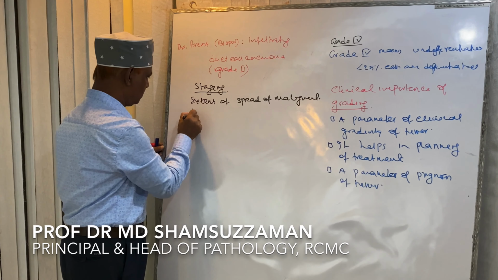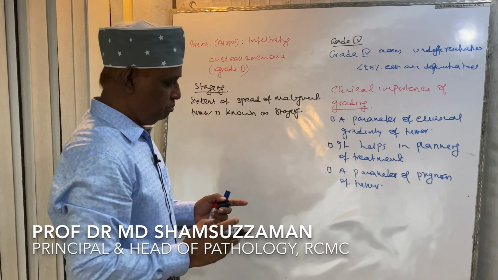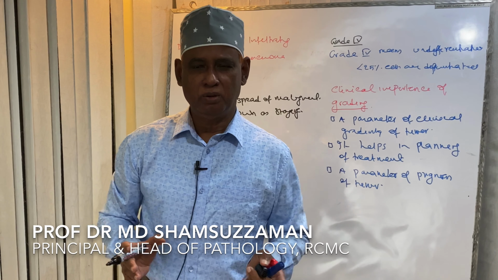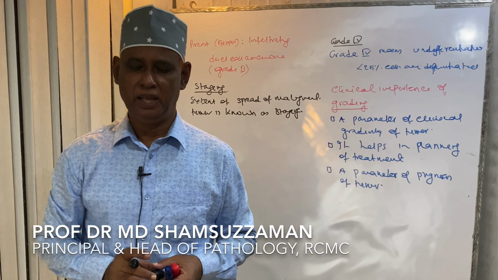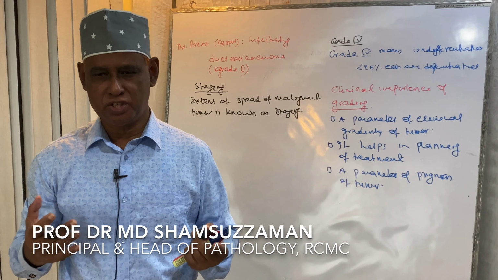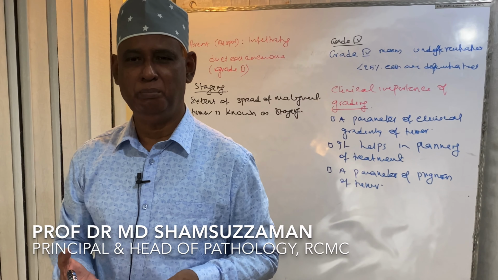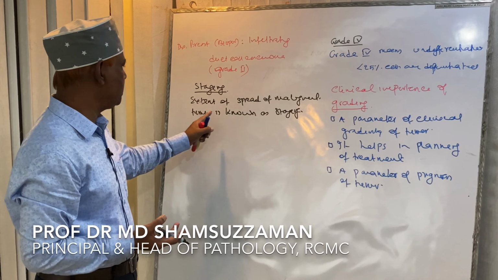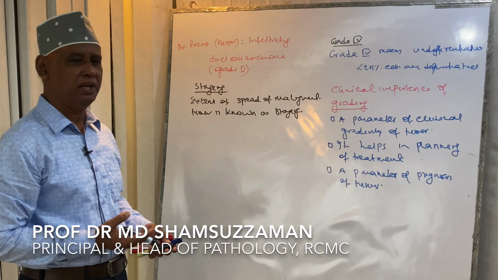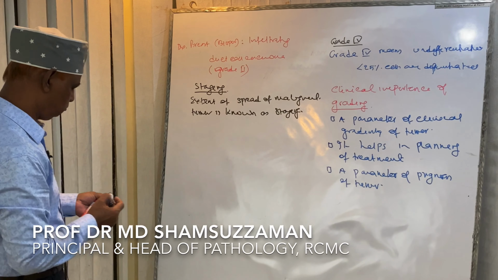Dear audience, we know malignant tumor can spread locally by invasion and can spread in the distant places by metastases. So, extent of spread of malignant tumor is known as staging.